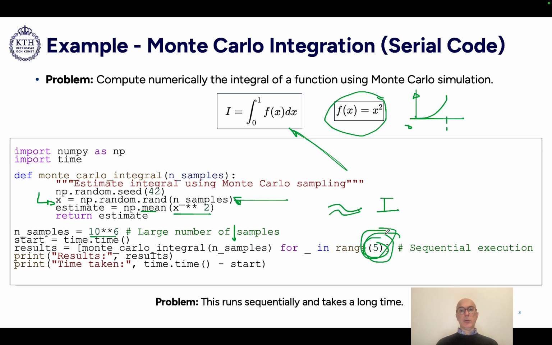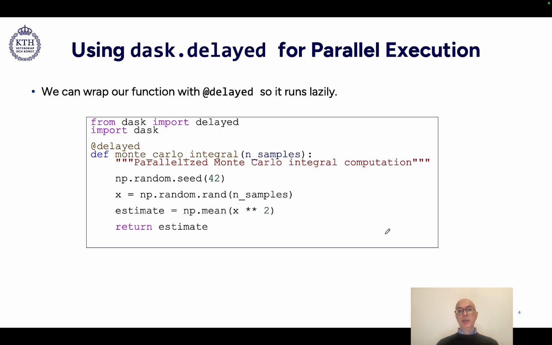So let's look at how to do that with dask.delayed. It's quite easy. What we need to do is add a decorator before the function definition of our task. In this case it is the Monte Carlo integral. So we just add the decorator delayed before the function definition. This will wrap around our function so it can run lazily.